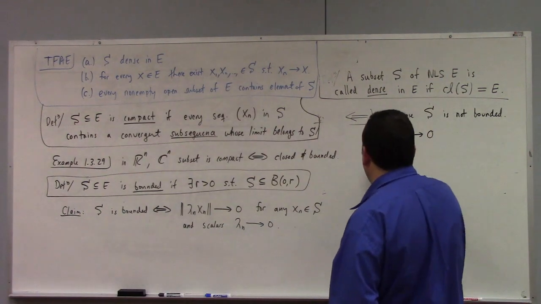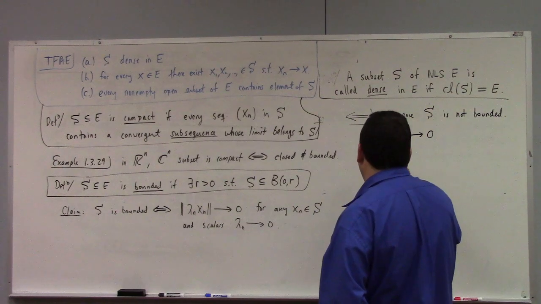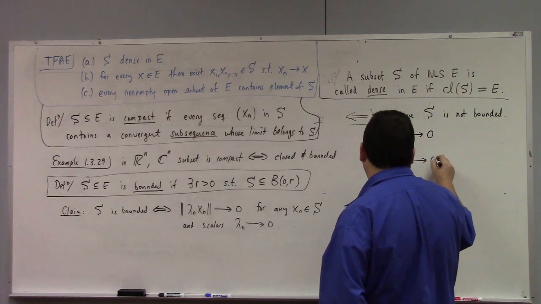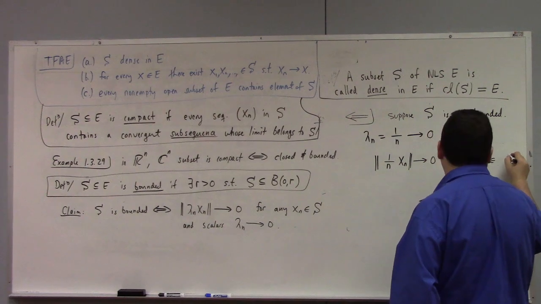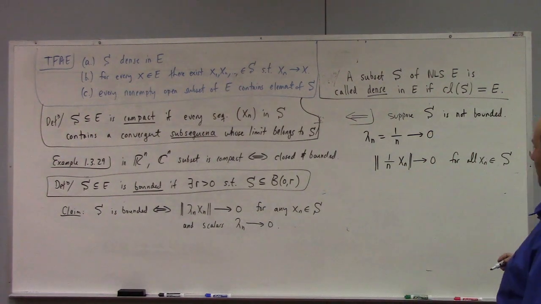And we also have the norm of 1 over n times x sub n goes to 0 for all xn in S.